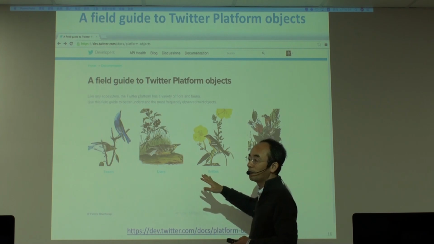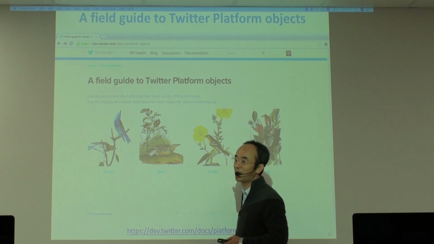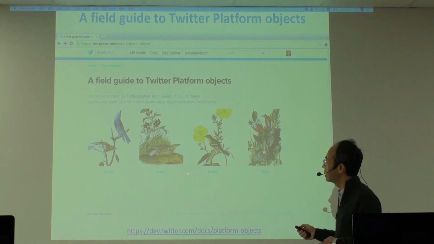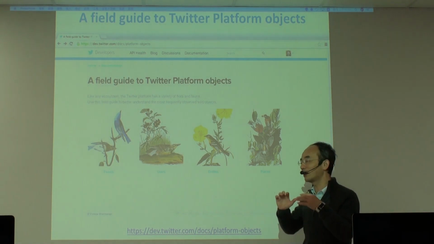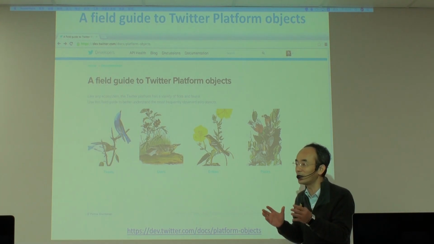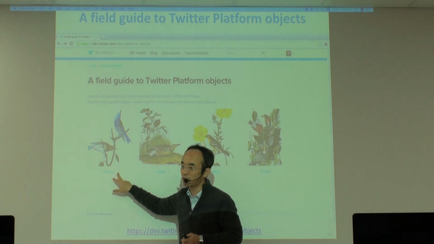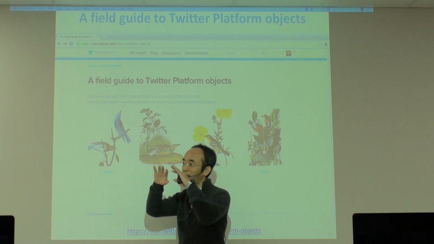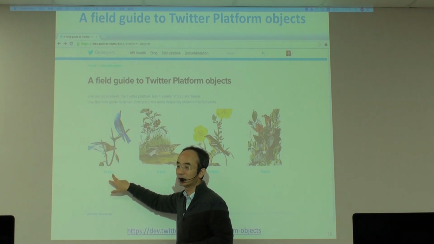There are mainly four important objects provided by the Twitter platform: tweets, users, entities and places. If you would like to concentrate on the content or text analytics, you can focus on tweets. Tweet means the text, so you can do natural language processing on tweets.